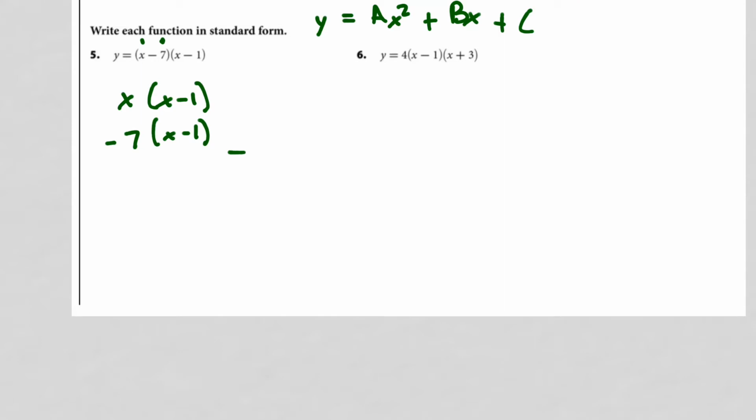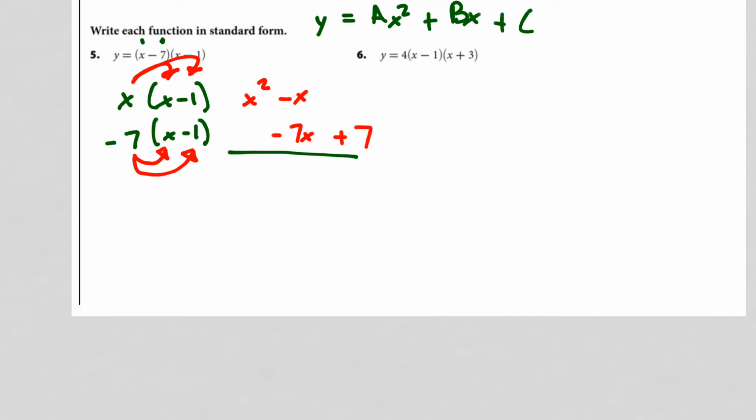Remember, this was another way we could do this, and we built our problem. x times x is x squared. x times a negative 1 is negative x. Negative 7 times x is negative 7x. Negative 7 times a negative 1 is plus 7.